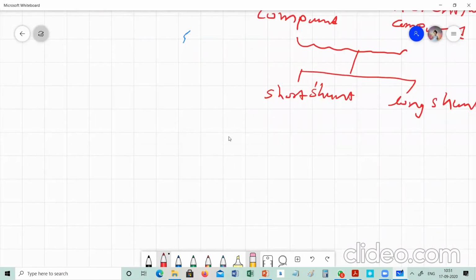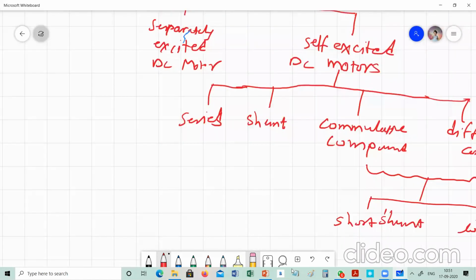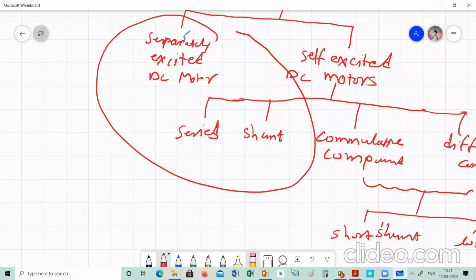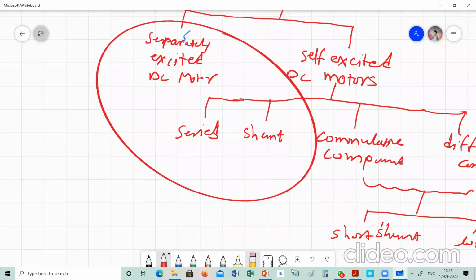In the syllabus, we have to see only these three motors. The control of the separately excited DC motor and the shunt motor is the same.